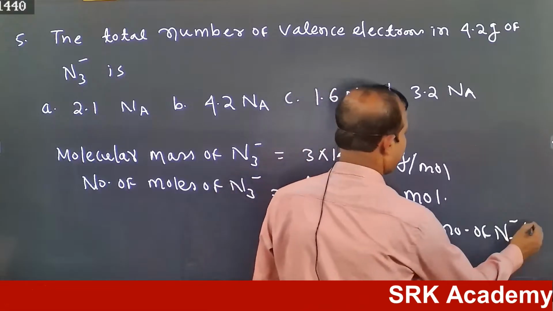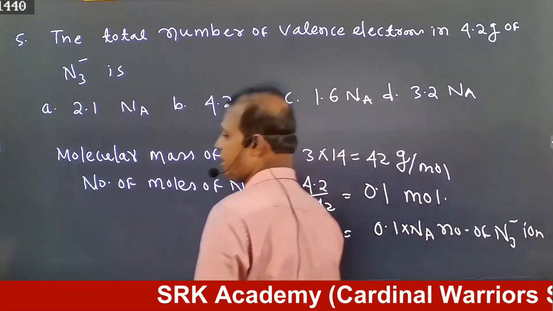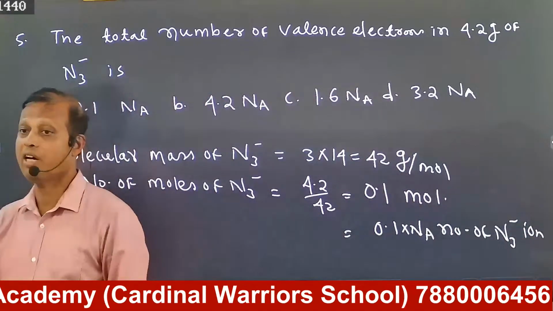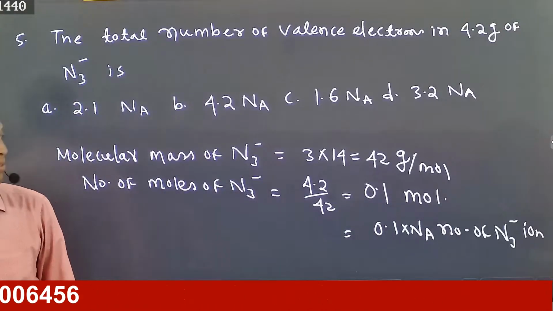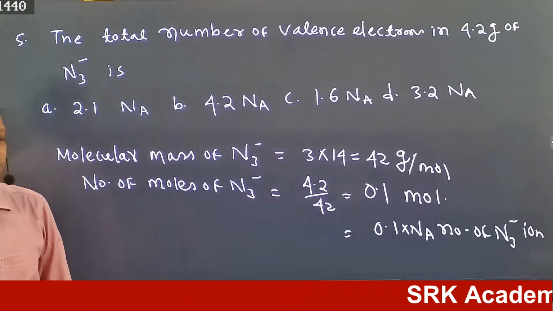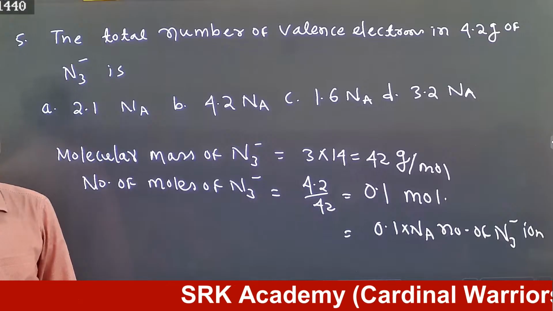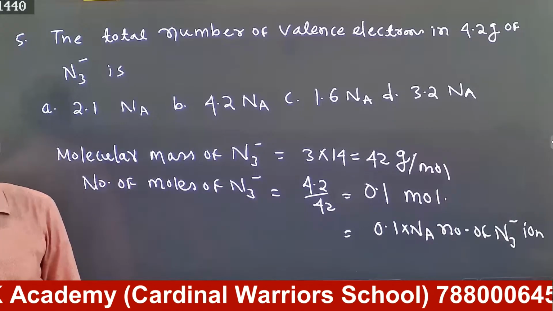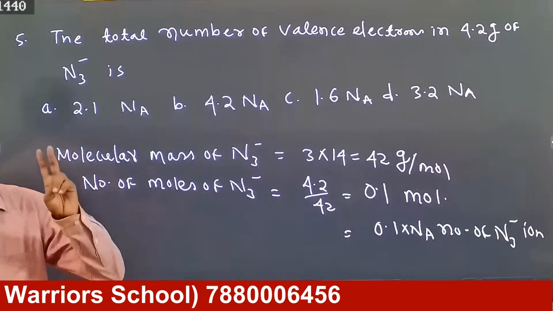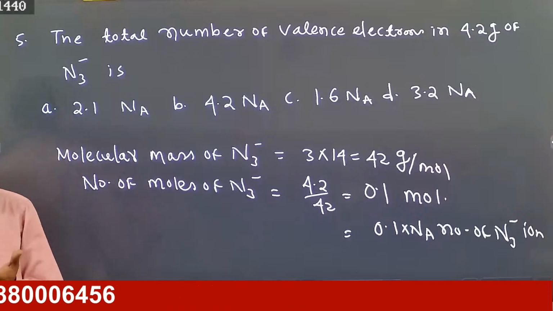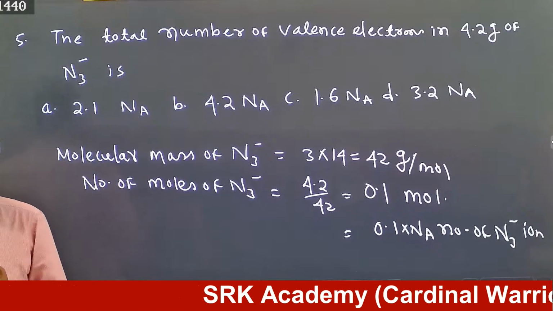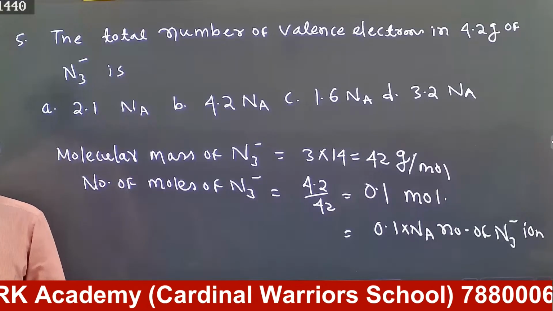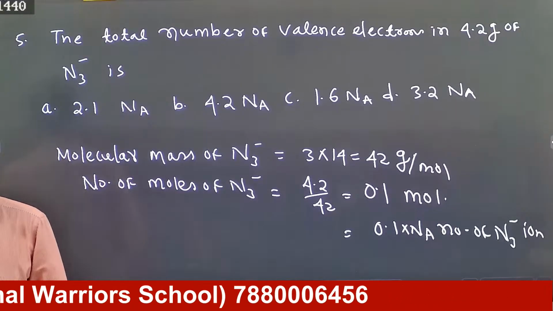But one ion has how many number of valence electrons? N3, how many atoms are there? 3 atoms. So one atom has how many valence electrons?